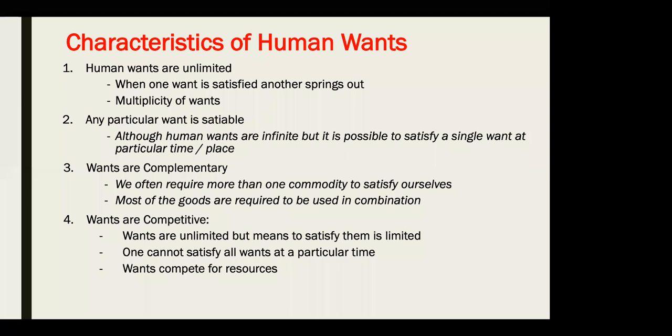Most of our goods are required to be used in combination, which is the basis for indifference curves. Wants are competitive. Wants are unlimited, but the means to satisfy them, that means resources, are limited. We cannot satisfy all wants at a particular time. Wants compete for resources.